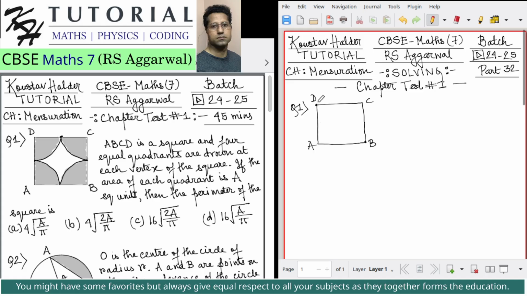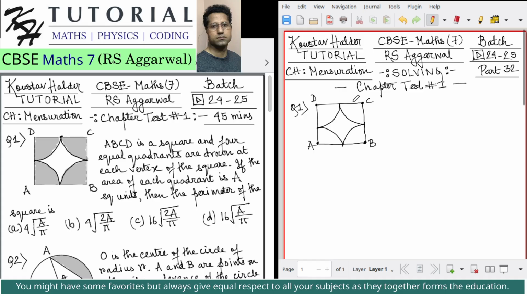The quadrant at vertex D is something like this, the quadrant at vertex C is something like this, the quadrant at vertex A is something like this, and the quadrant at vertex B is something like this. We have to find the perimeter of the square.